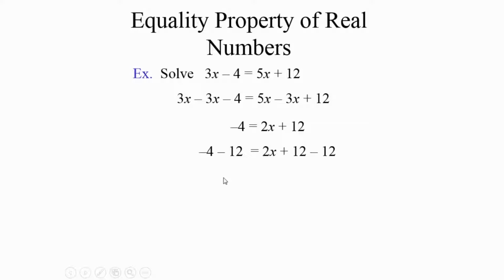So this would be minus 16. That would be 0. So 2x equal minus 16. Now divide by 2, or multiply by 1/2, either way. X would be equal to minus 8. That's the answer to this equation. Again, these are linear equations because the power here, as you can see, is 1.